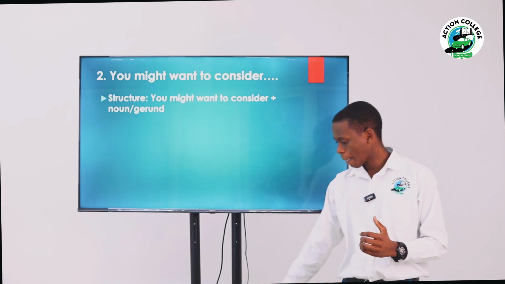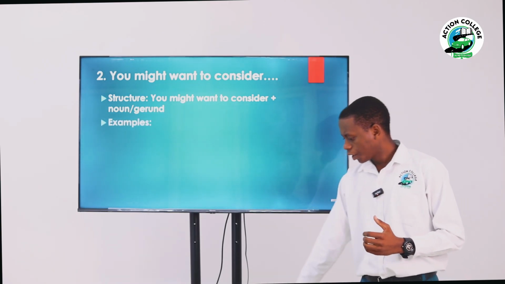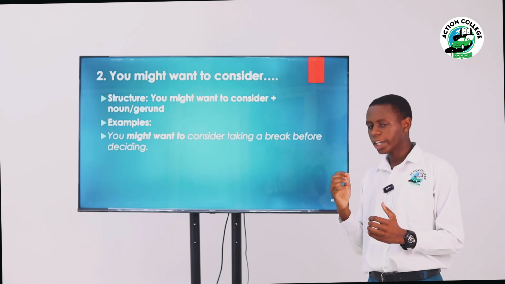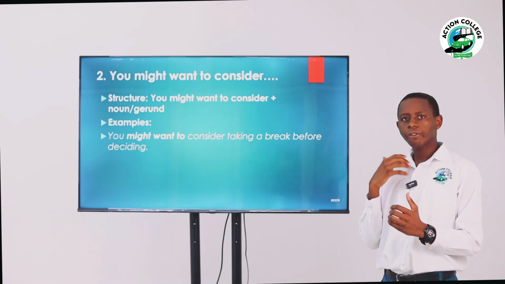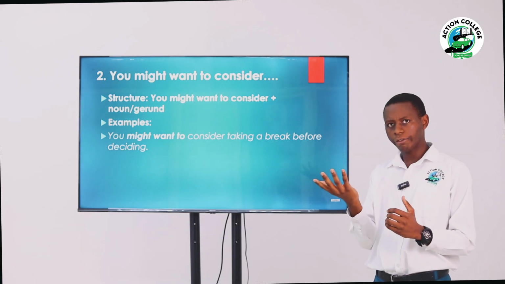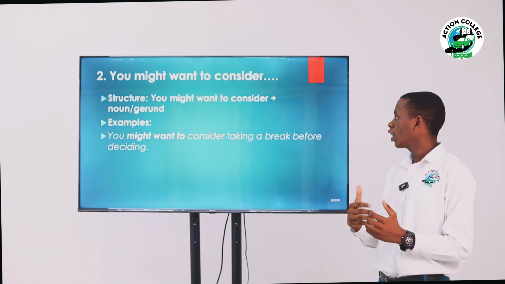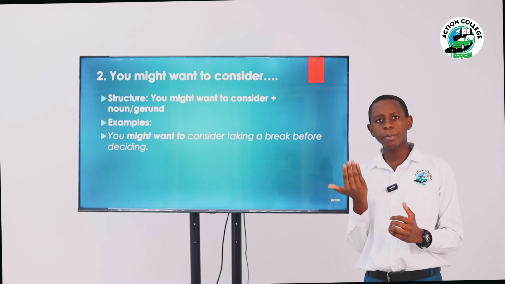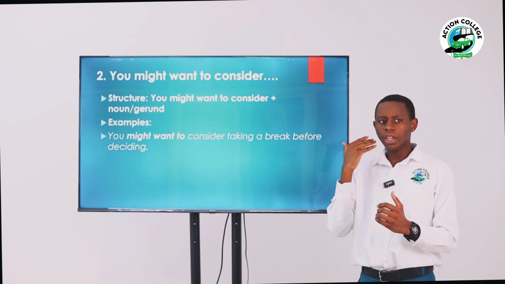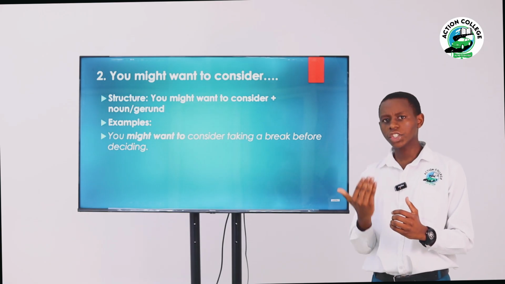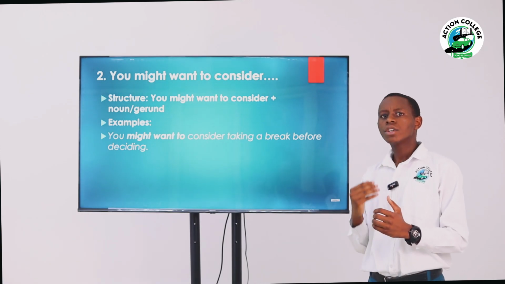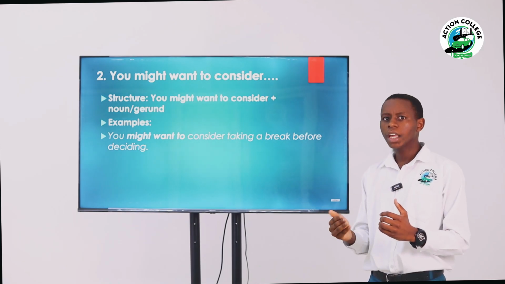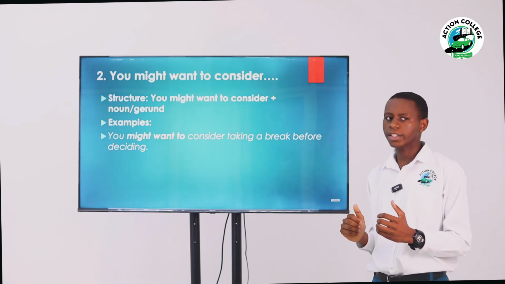For example, we can say that you might want to consider taking a break before deciding. So if you are giving advice to someone to take a decision, you can say you might want to consider taking a break before deciding. There are people who are stressed. So if they are stressed, you can encourage them or you can advise them to take some break, maybe take some free time for thinking. So you can use this phrase.